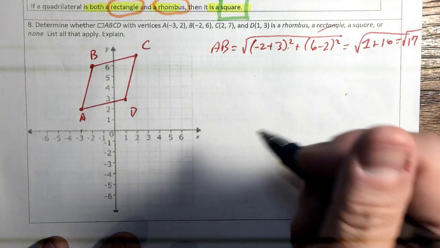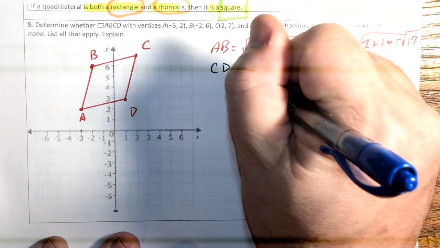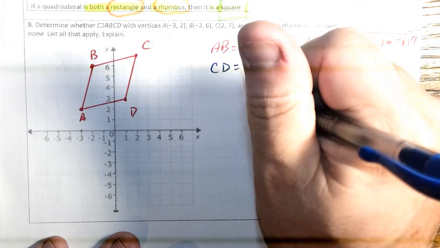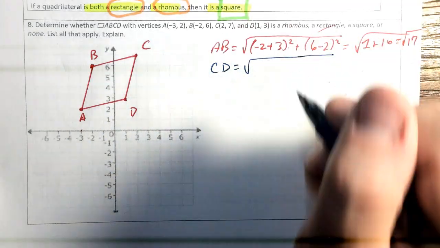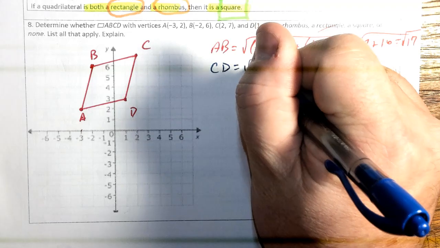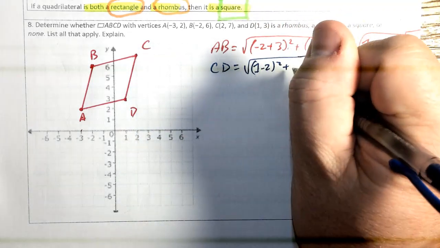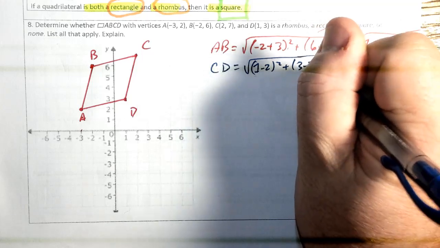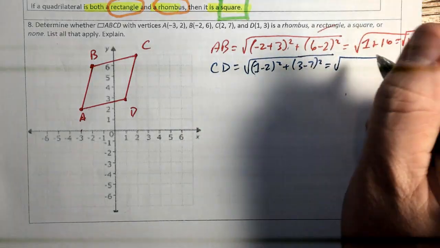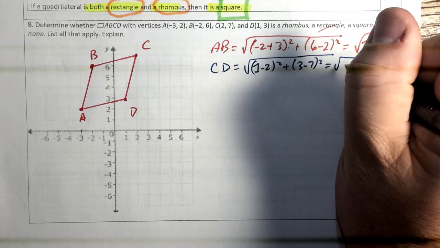All right, let's go with CD next. Sorry, I'm going to try my best to keep this going and not run out of room. So for CD, we have 1 minus 2 squared plus 3 minus 7 squared. 1 minus 2 is negative 1.